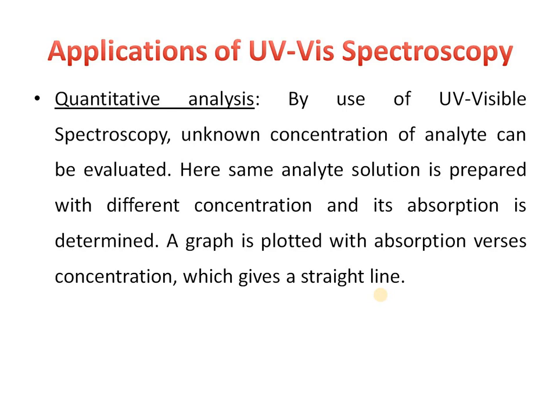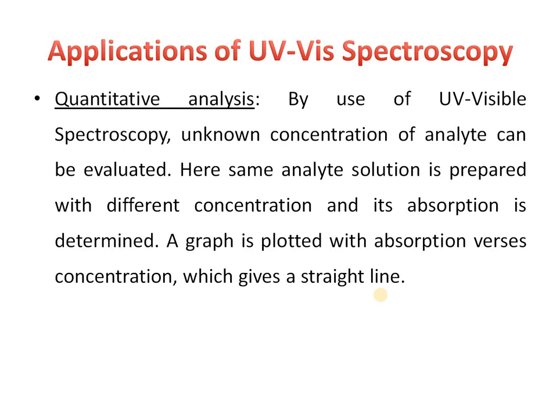Then quantitative analysis. By use of UV visible spectroscopy, a solution of unknown concentration containing a specific compound can be evaluated. Here, the same analyte solution is prepared with different known concentrations, and its absorption is determined.